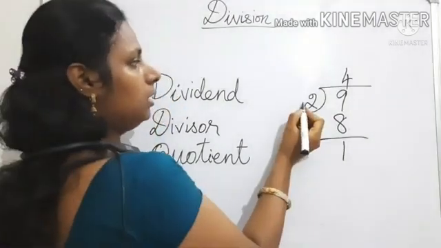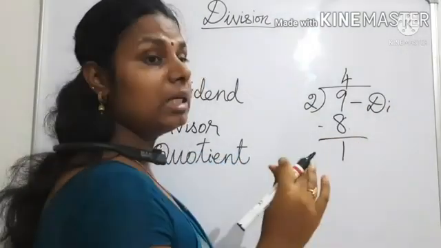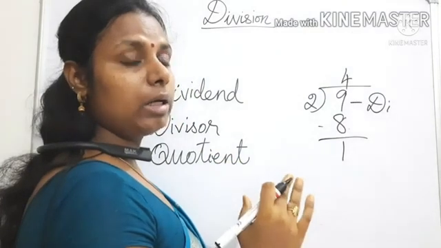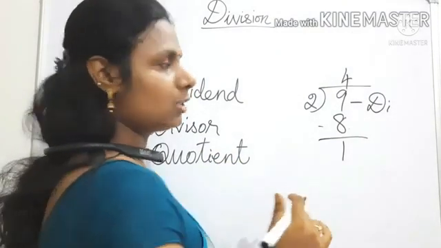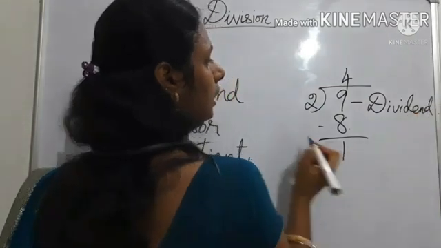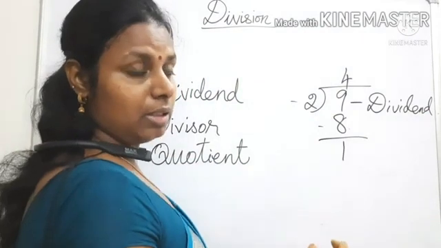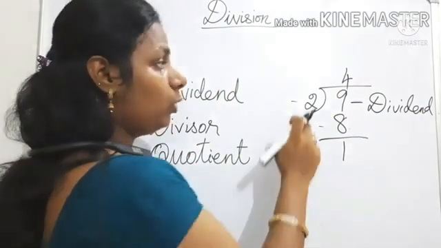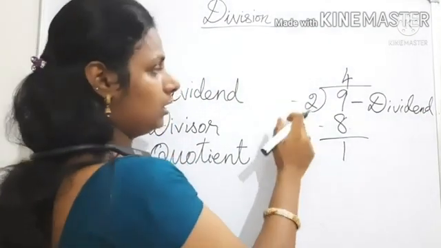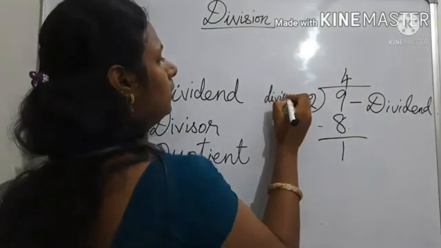Okay. Now this is called dividend, the number which should be divided. The number by which we divide, the table which we say, that is called divisor.